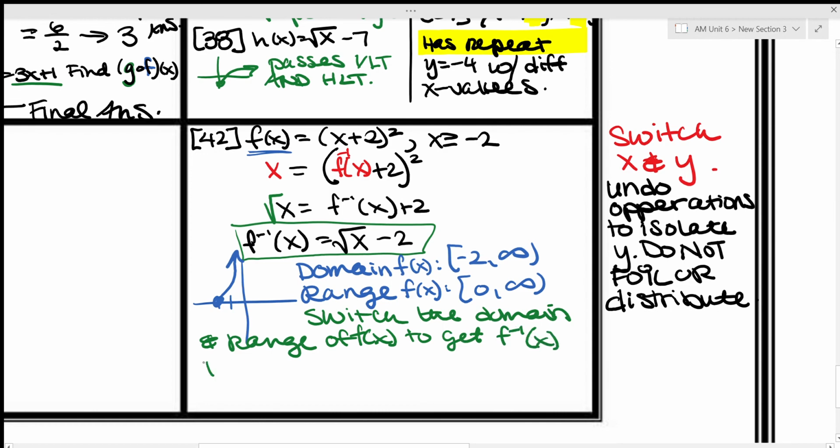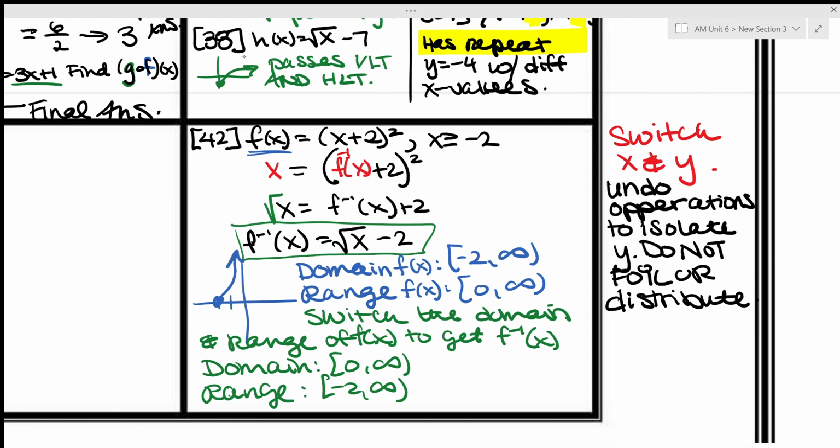So my domain now is 0 to infinity, and my range is -2 to infinity. This is a part I predict to have more errors, especially since I have less focus right now. This range becomes this domain. We switch them. So I'm highlighting it because it's a highly missed area.